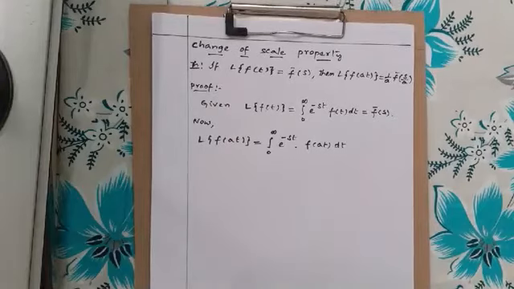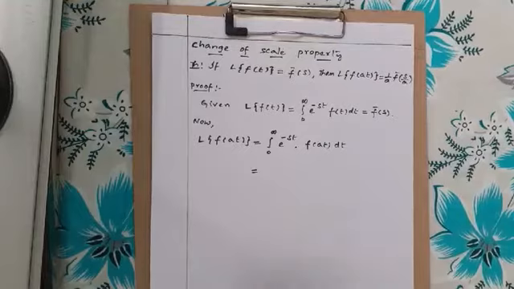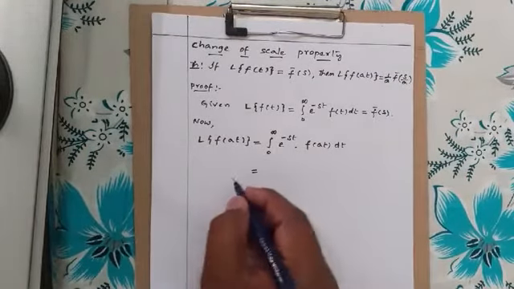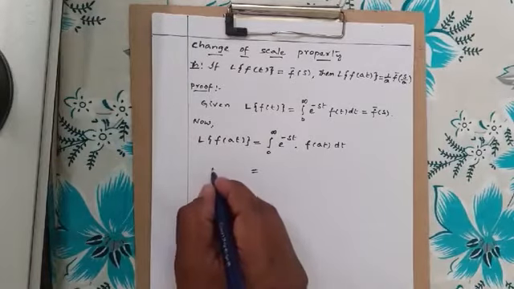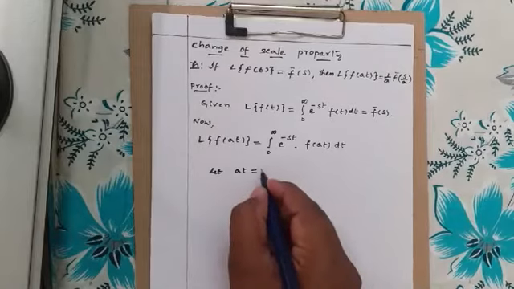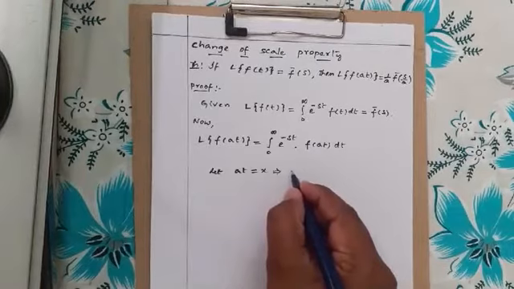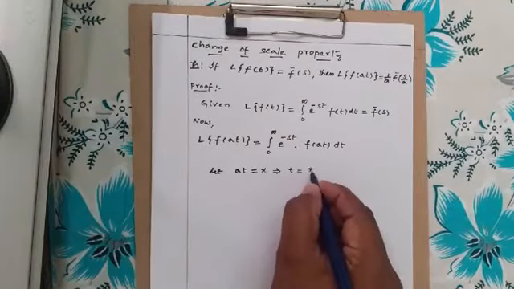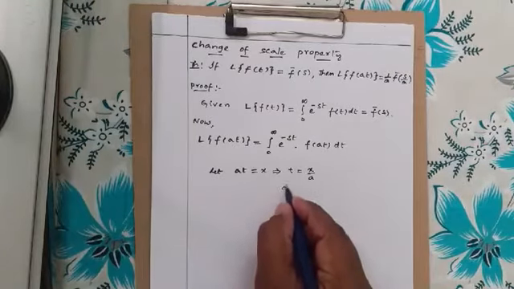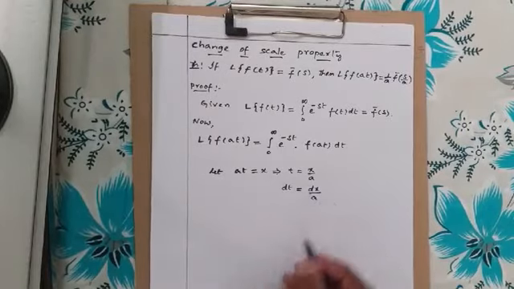Now we will take a substitution: let at is equal to x. This implies t is equal to x by a. Now when you differentiate, dt is equal to dx upon a.